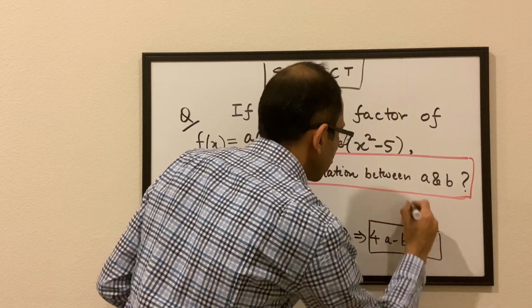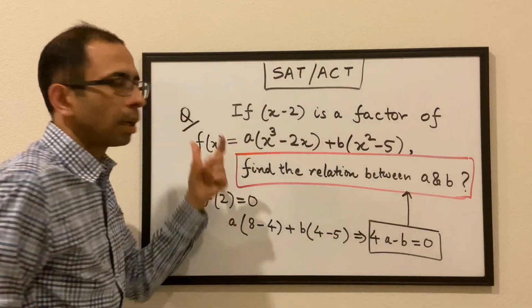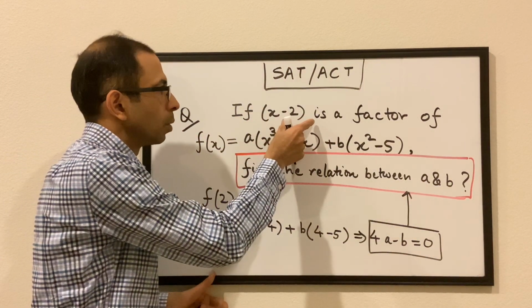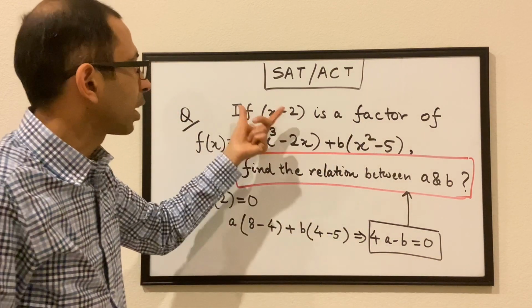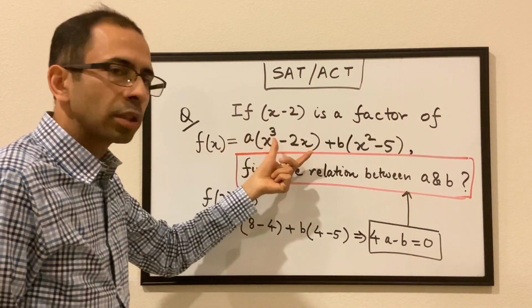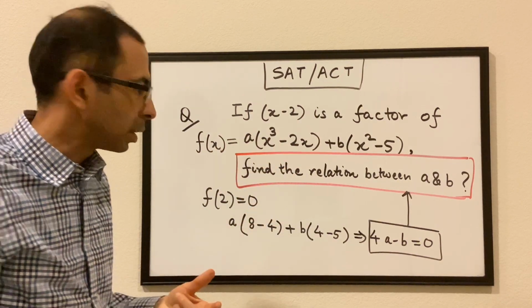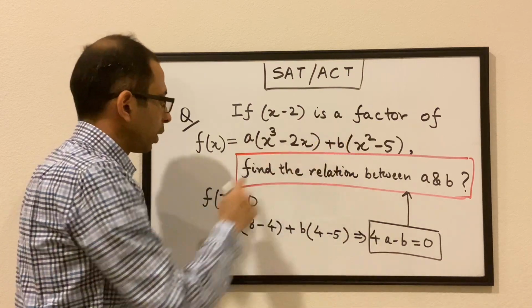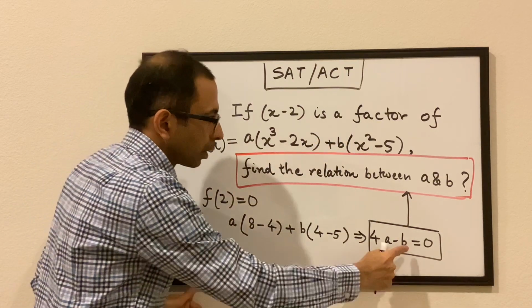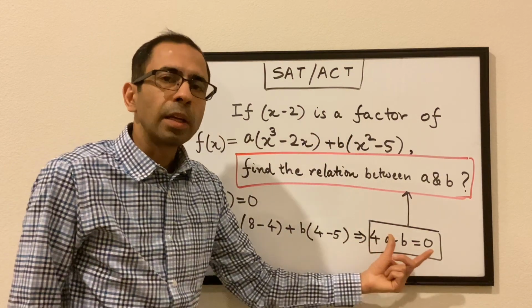So this is the relation between a and b if x minus 2 is supposed to be a factor of this function. Again, just to reiterate, if x minus 2 is a factor of this function f(x), then f of 2 should be 0. That's what we did. We just plugged in the value of x equal to 2, found f of 2, and equated that to 0. That gives the relation between a and b.